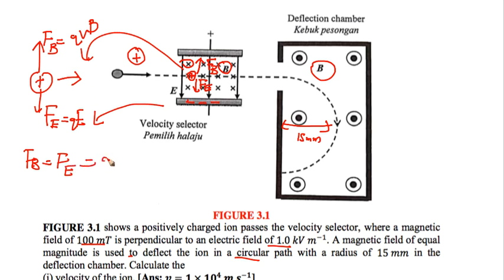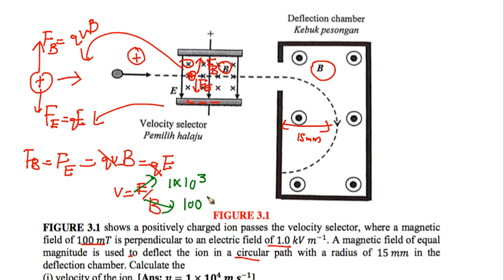FB is QVB, and FE is QE, so you can cancel the Q. Now the speed of the positive charge is E divided by B. The value of E is 1 kilo, which is 10 to the power of 3, and B is 100 milli, milli is minus 3.